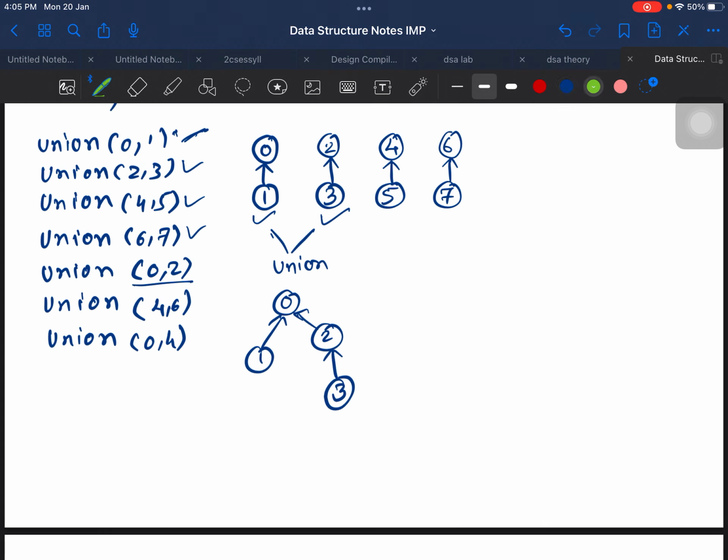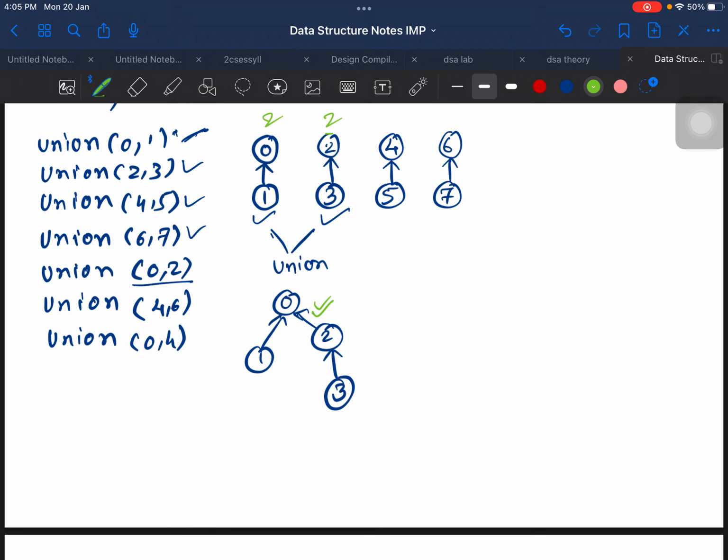So see here guys, we draw this edge. This edge is basically showing that 0 is the parent of 2. Now I want to merge these two trees, that's why I merge like this. You can make 2 the parent also, no issue, because this tree has 2 elements and this tree also has 2 elements.